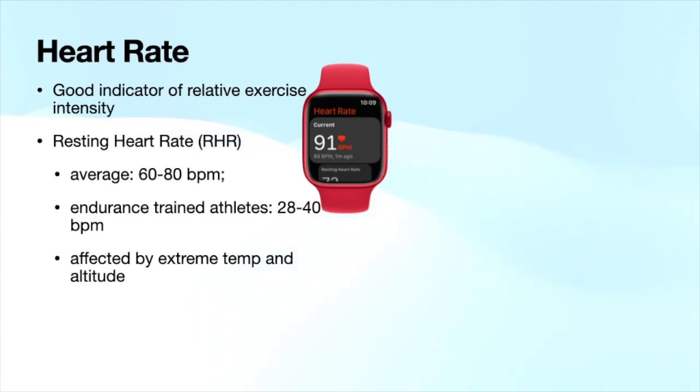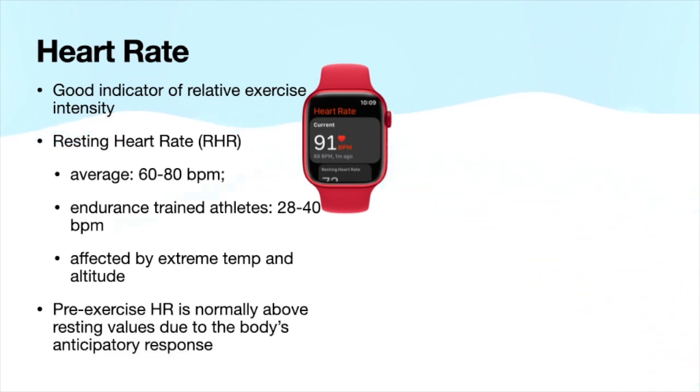Now, what happens to our heart rate just before we exercise? There's an anticipatory response. Our body anticipates work ahead. If we anticipate that exercise will occur, the pre-exercise heart rate will increase above resting values.